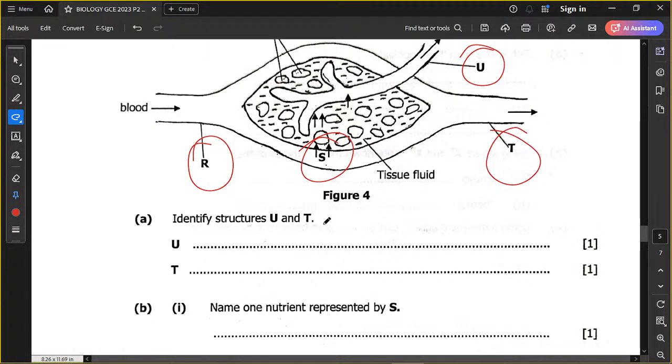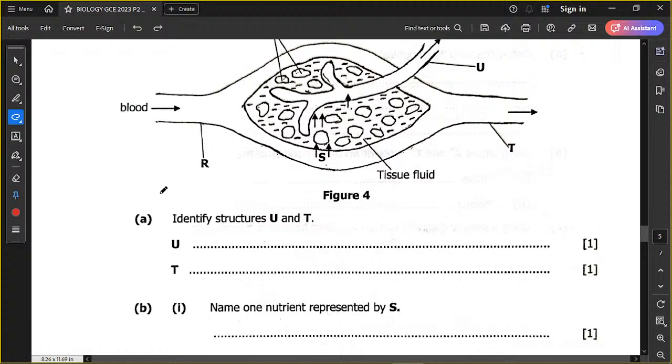Let's start with question A, which is to identify structures U and T. So what is U? Structure U is called a lymphatic vessel, or lymph vessel.